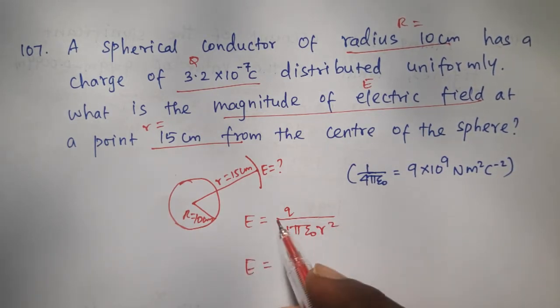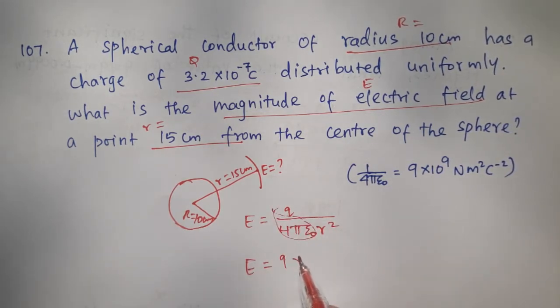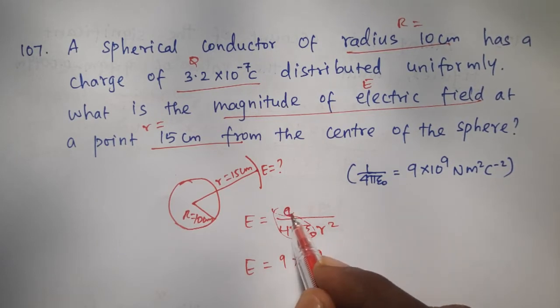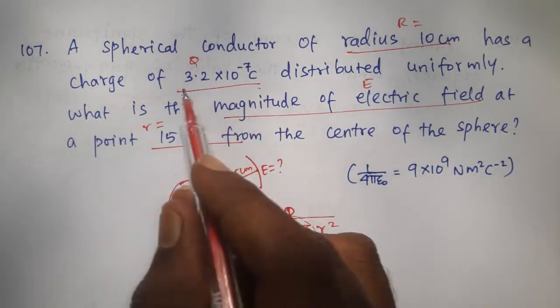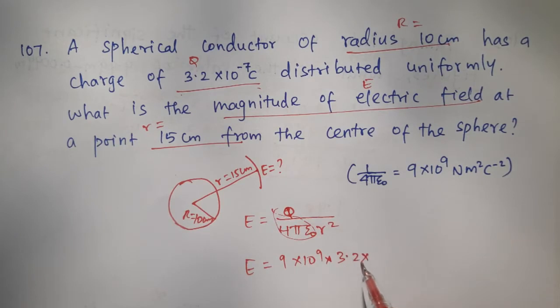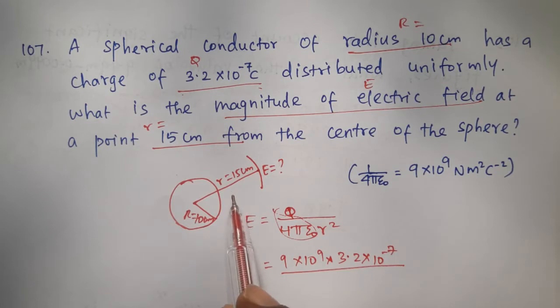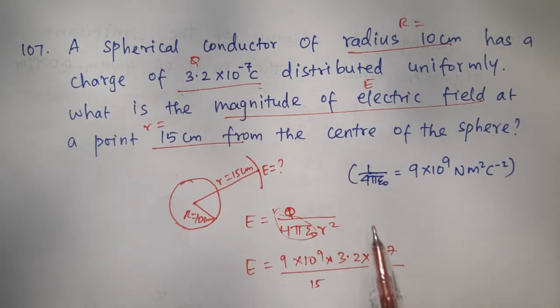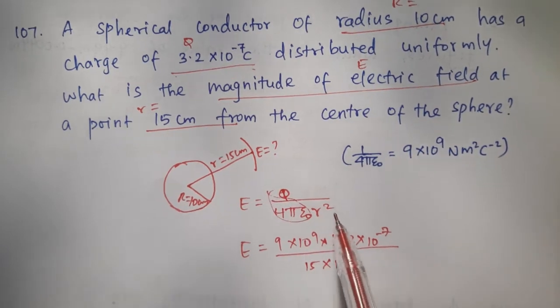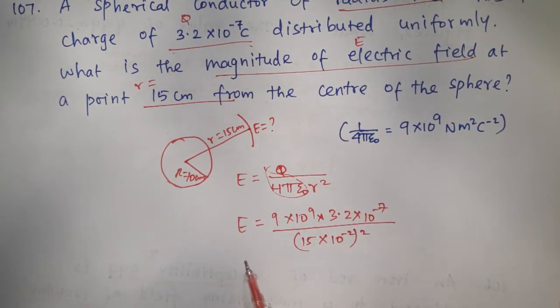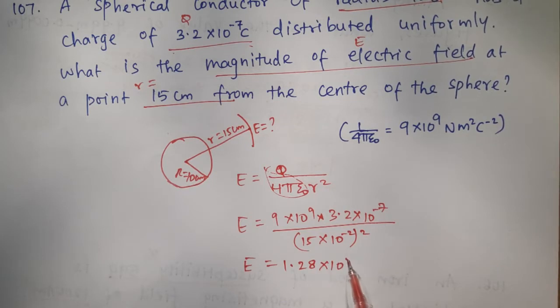Now E is equal to 1 by 4 pi epsilon naught value, 9 into 10 power 9, times Q, the charge given in the question, 3.2 into 10 power minus 7, divided by r square. r value is 15 centimeter, you have to convert into meter, 15 into 10 power minus 2, whole square. Now if we simplify, we will get the answer E equal to 1.28 into 10 power 5 Newton Coulomb power minus 1.